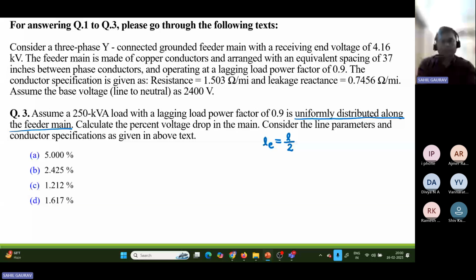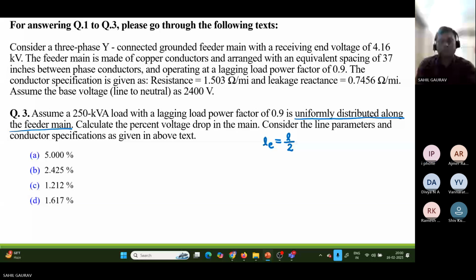In the first question we calculated K in percentage, so the answer comes in percentage. That's why I told you to write it with its unit. If K is given as voltage drop per unit, then the voltage drop will come in per unit, so you have to multiply to get the percentage voltage drop.